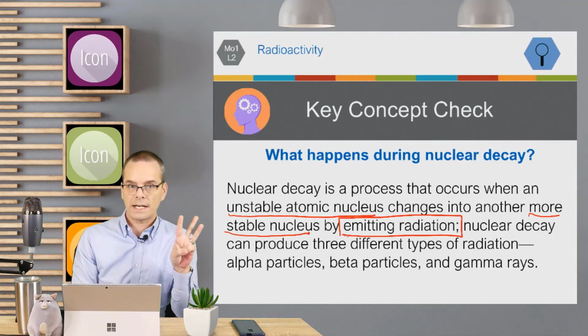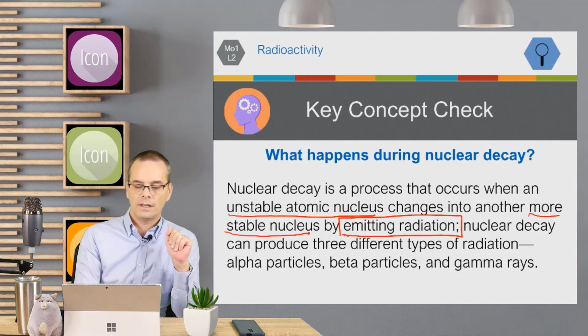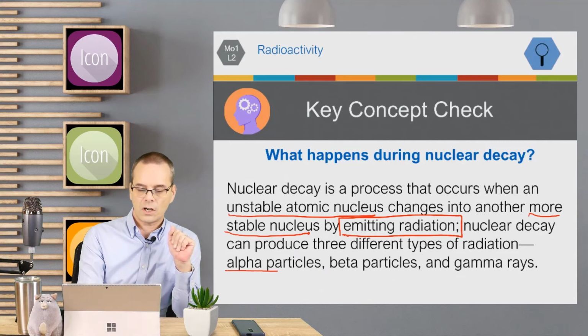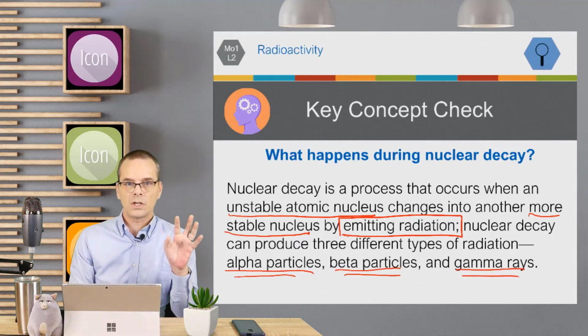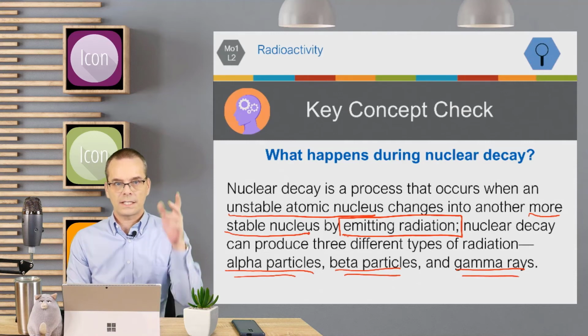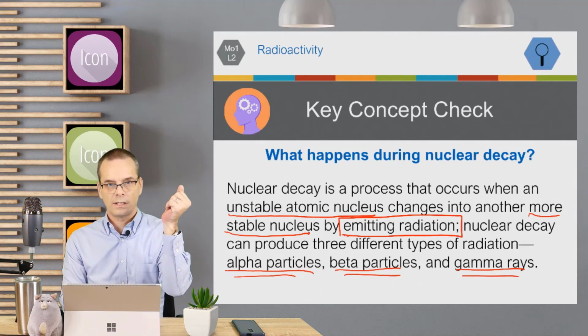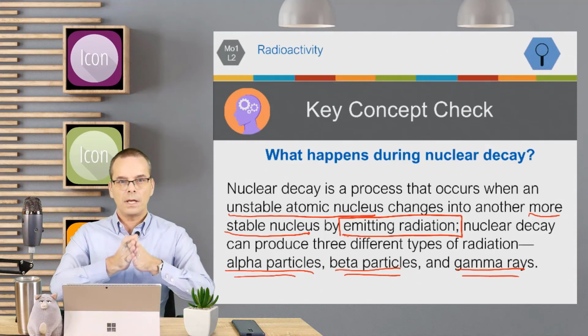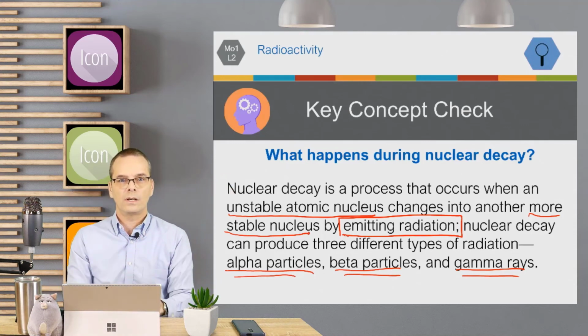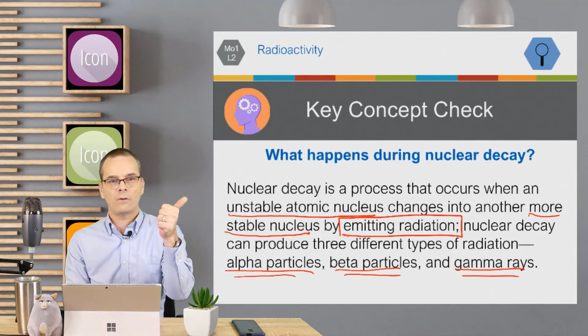And those 3 types of radiation that it produces are alpha particles, beta particles, and gamma rays.